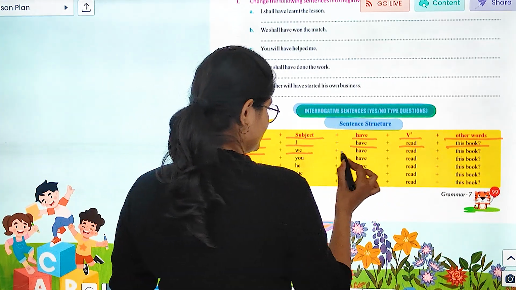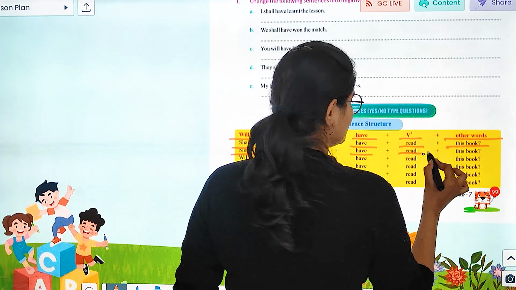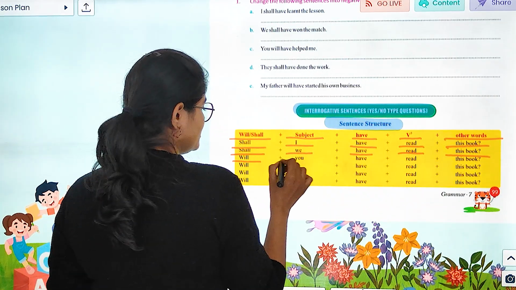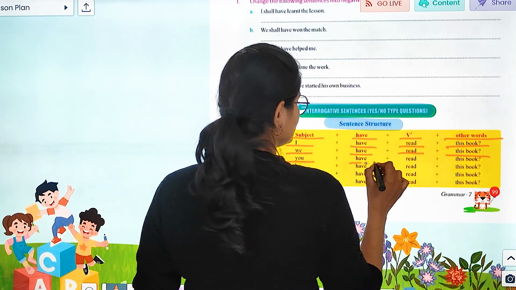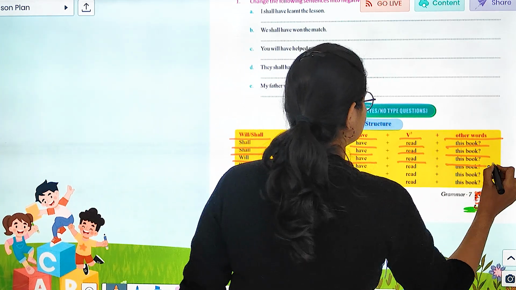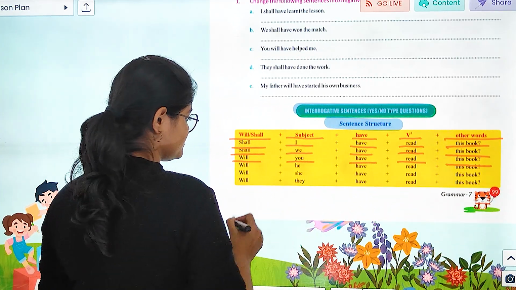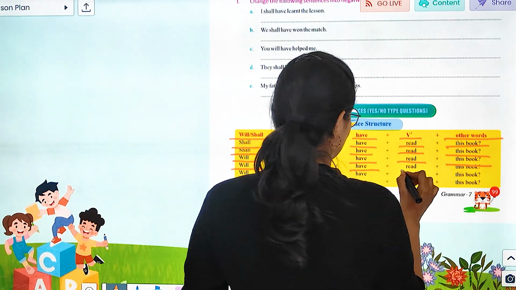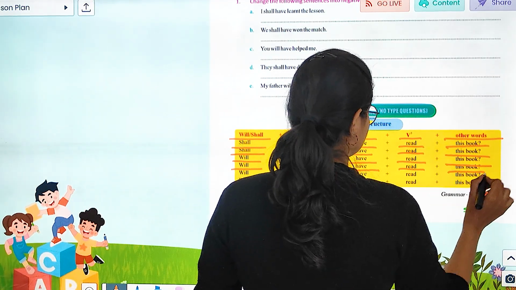Shall we have read this book? Will you have read this book? Will he have read this book?